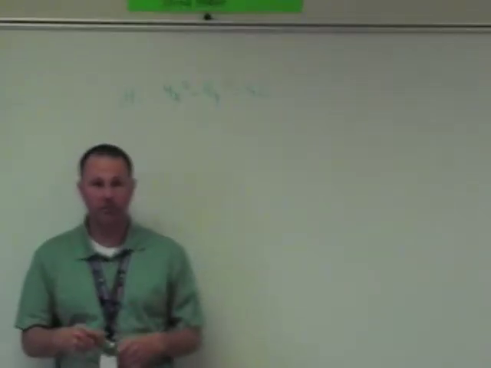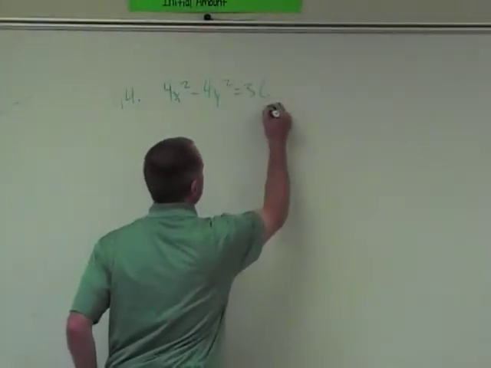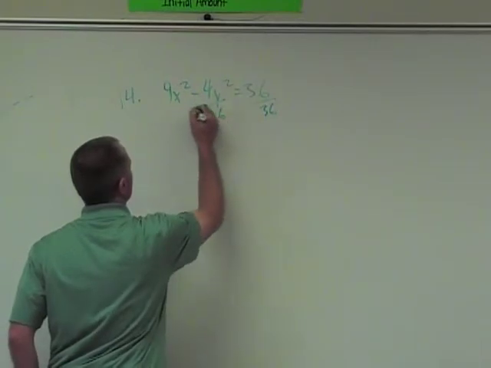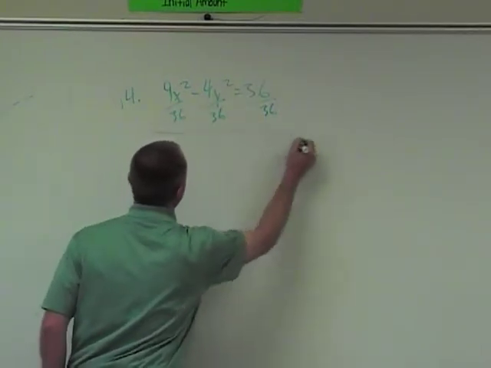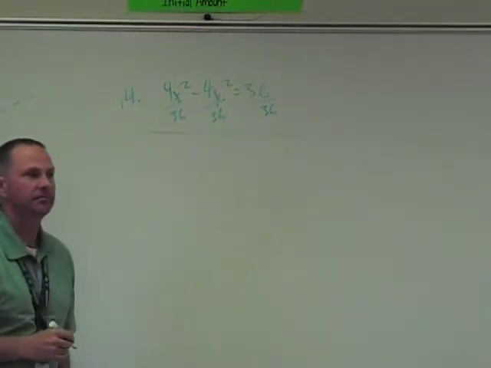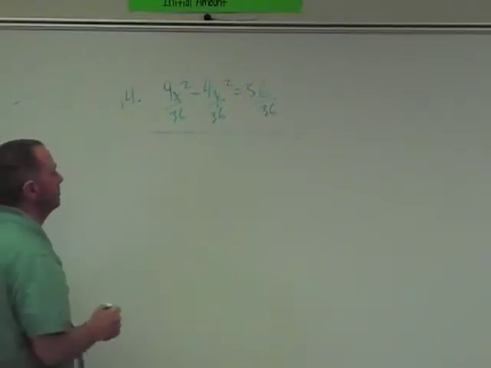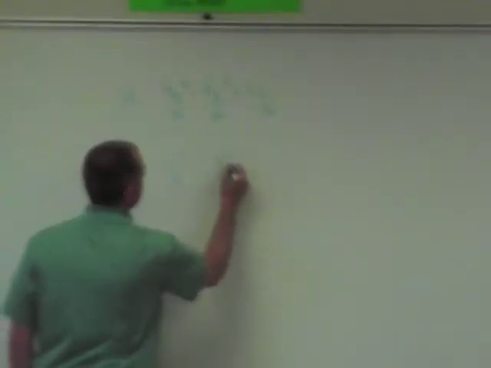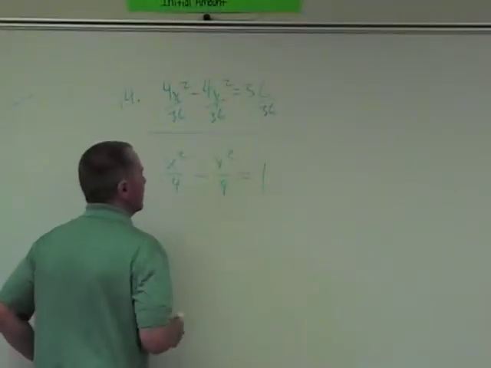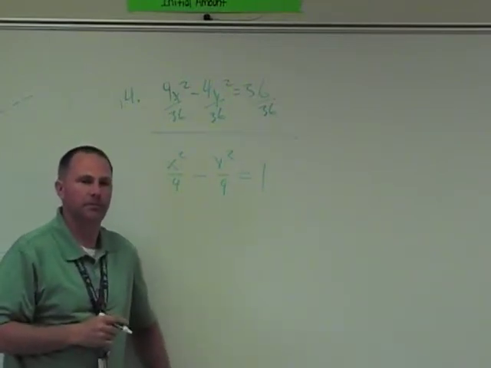Yep, need it to be equal to 1. So we're going to divide everything by 36. Alright, and what does that give us? x squared over 4 minus y squared over 9 equals 1. Alright, now it's in the correct form.